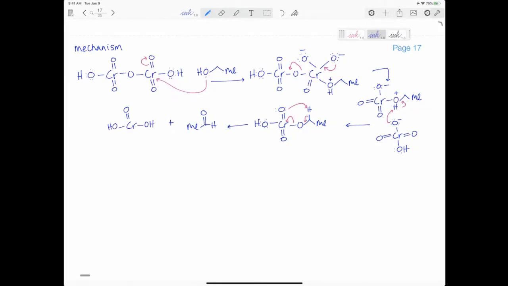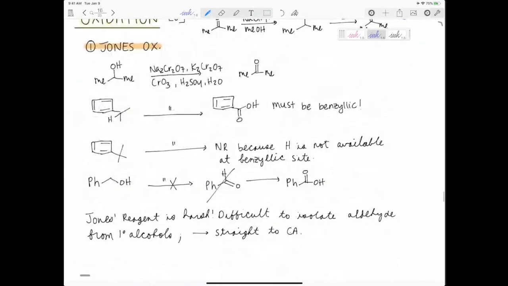All right, so now you have your aldehyde intermediate. Let me just put this here so you guys know. Okay, so what's going to happen now is, remember this is a three-step process, right?